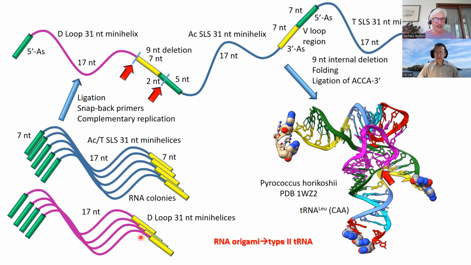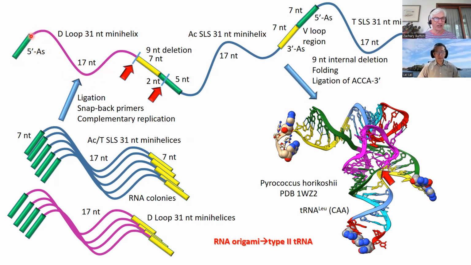Anyway, this is made by taking these little jump rope molecules. So this is a D loop, cherry flavored jump rope, if you like. And these are blueberry flavored jump ropes. And you ligate this one to two of these. And you generate a D-loop mini-helix.